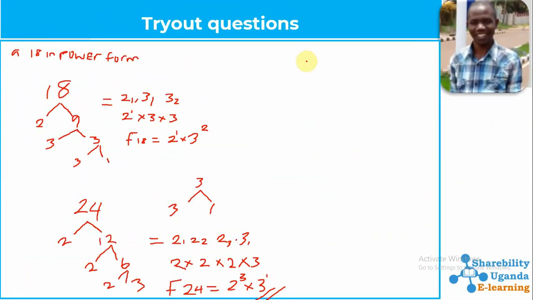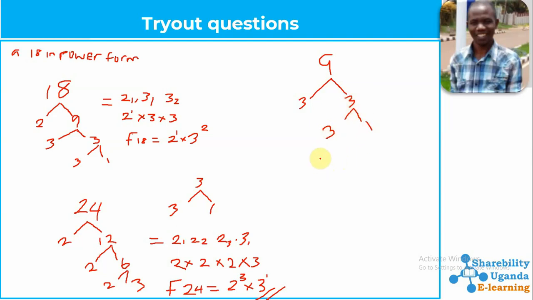Okay, we have another one which is 9. So when we try our 9 here, using our method, we shall use 3. 9 divided by 3, we get 3. Then also here our 3 divided by 3, we get 1.